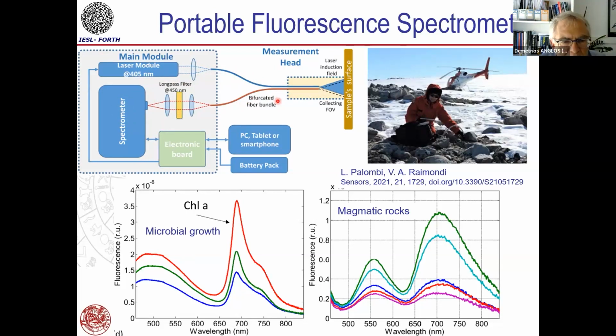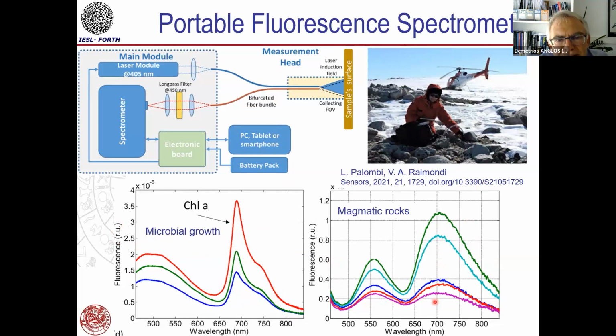In some examples, as we see on the bottom of the slide, there are clear chlorophyll emissions from microbial growth on biological crusts found in Antarctica. In other clean rocks, there's emission from the rock minerals, and many other things can be done this way.